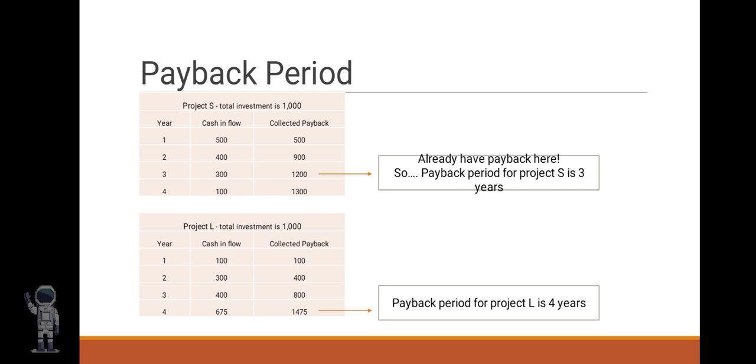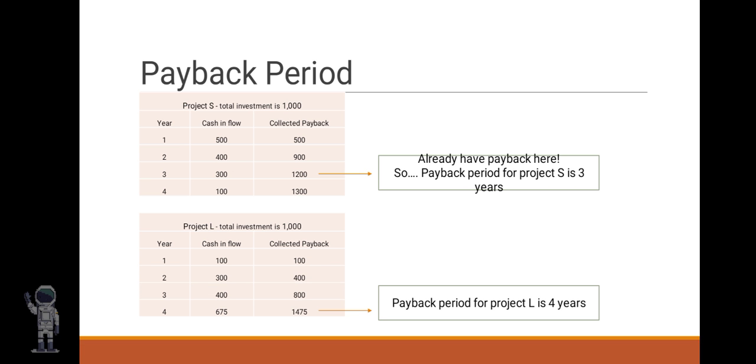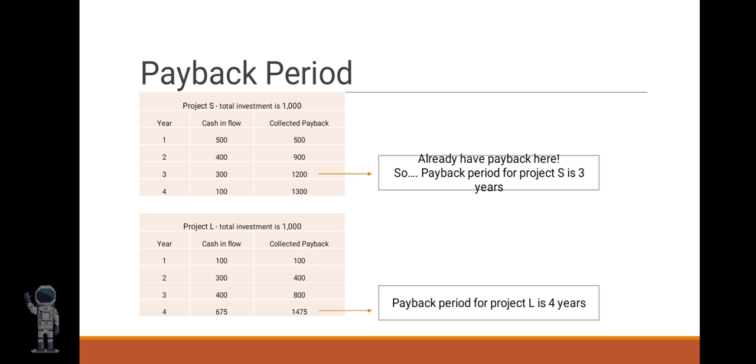What is the payback period? Based on our table, we see the cash inflow in year 1 of project S. Look at the monitor. Year 1 is 500 plus 400 in the second year, plus 300 in the third year, which is a total of 1,200.